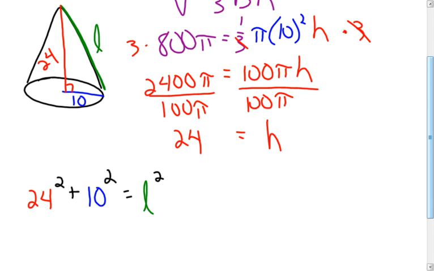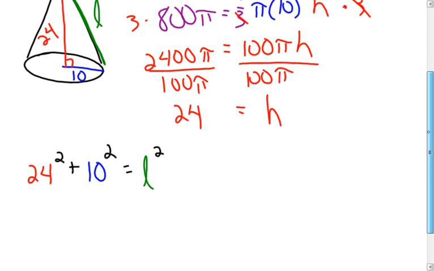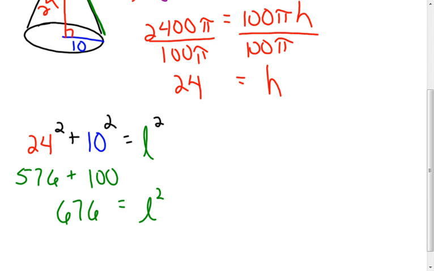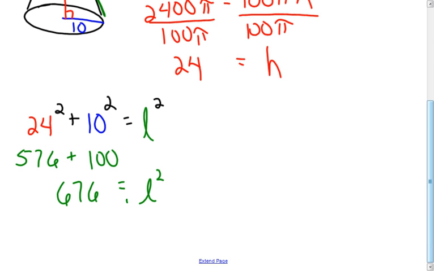Now I'm going to solve this equation for L, which just means I have to take 24 squared. That's going to be 576 plus 10 squared, which is 100. Add those together, end up with 676 equal to L squared. Take the square root of both sides.